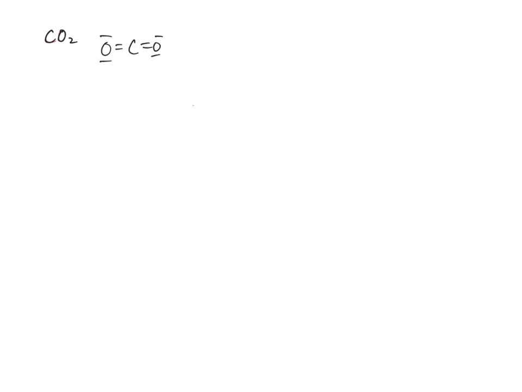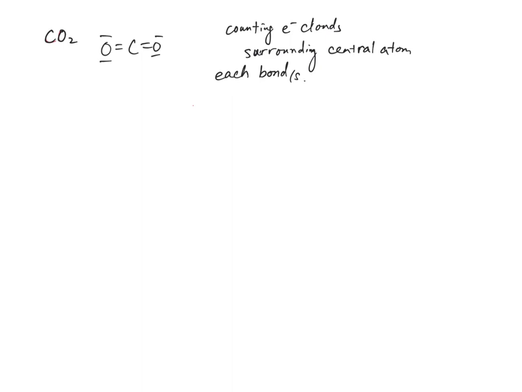Let's make it very clear. When we are counting electron clouds surrounding the central atom, each bond, regardless of whether it's single, double, or triple, is counted as one electron cloud.